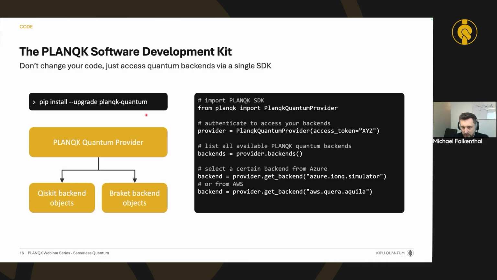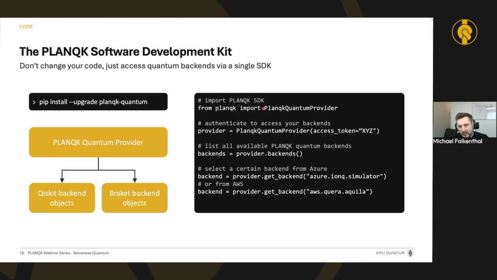So if you already coded something in Qiskit, it's super easy to use Planqk to get access to quantum backends. Just install the package and then import it, Planqk Quantum Provider here.